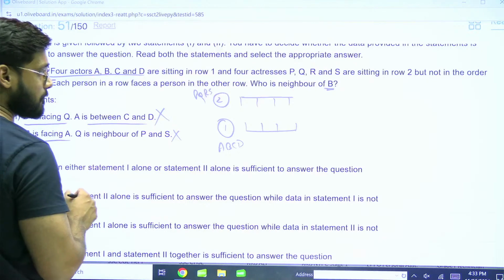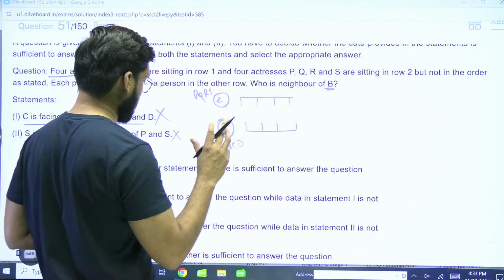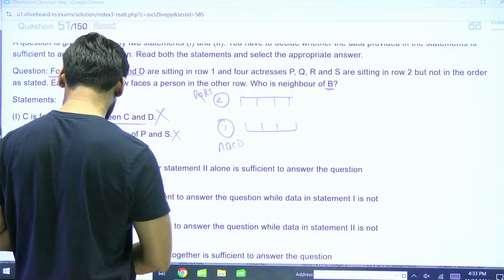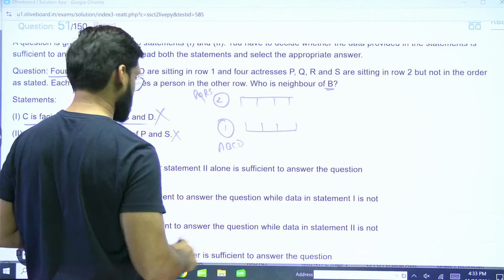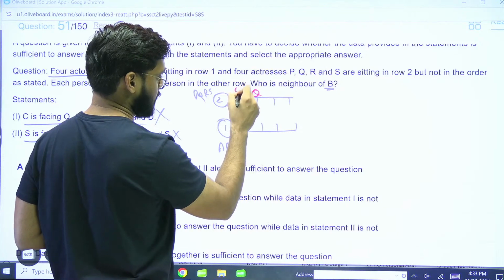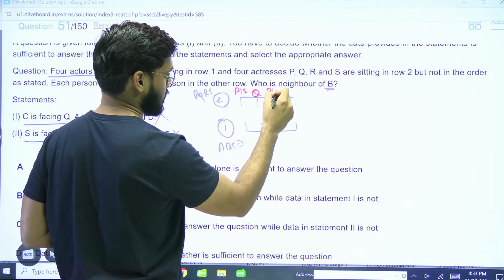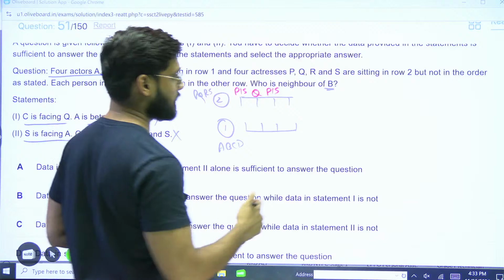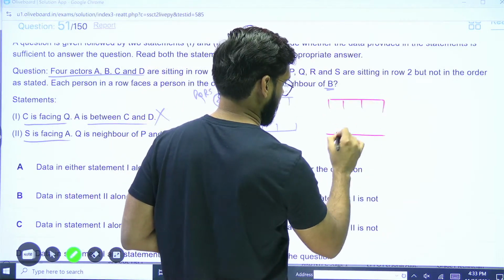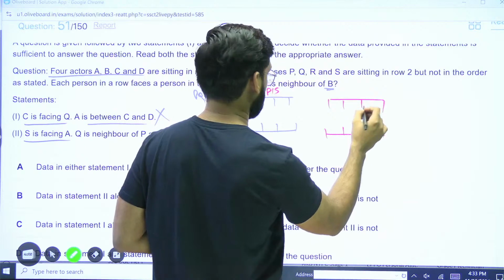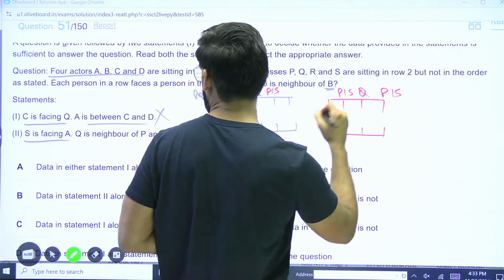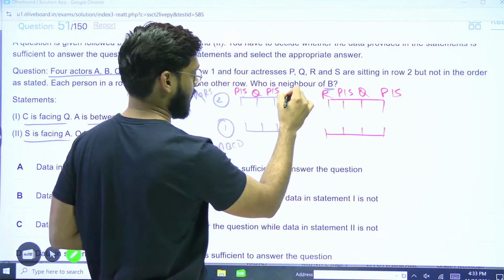Q is a neighbor of P and S, so Q will definitely come between P and S. If I fix Q over here, and P and S on either side, one more arrangement can be done as well, with Q over here and P and S over here, and R remaining will come here.